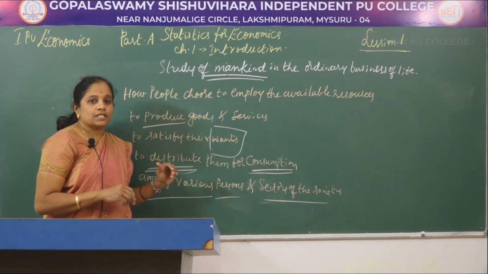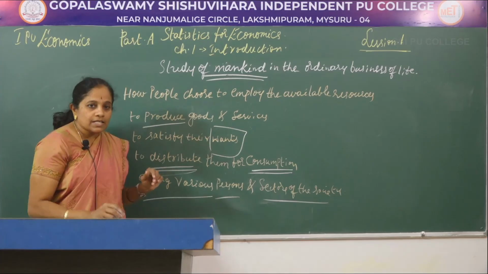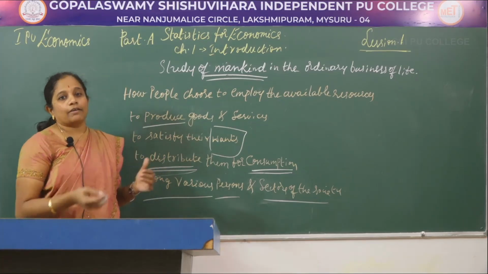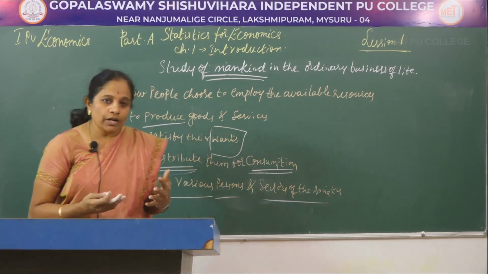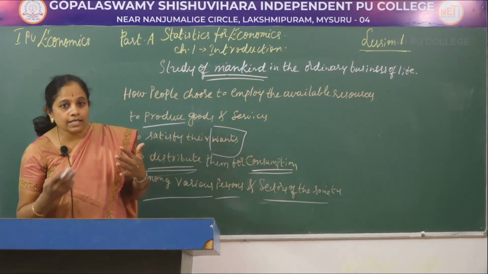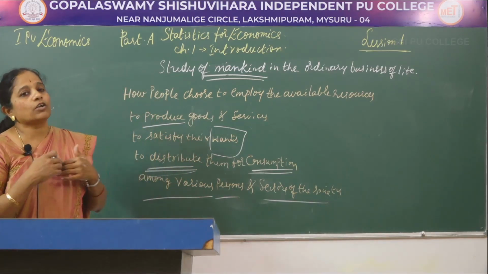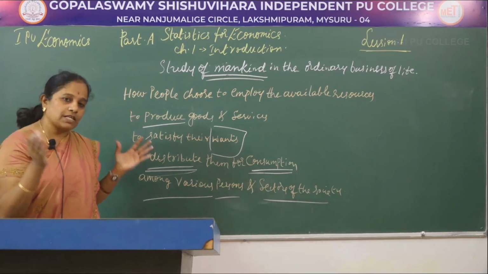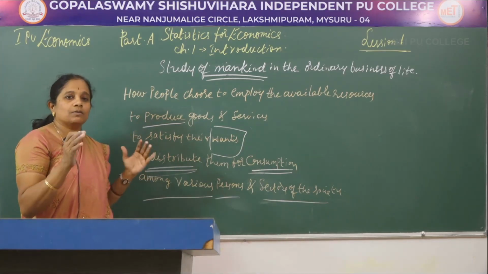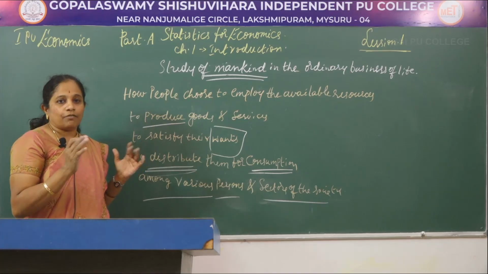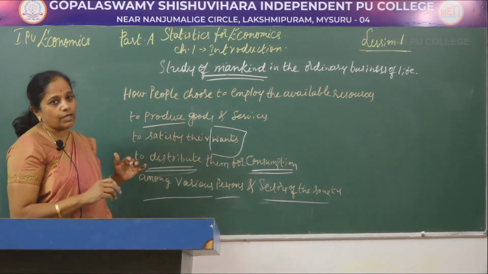So this says that economics is an integral part of our life. So no branch of knowledge or no social science is there without economics. You cannot even imagine any sector of production or consumption or any area of knowledge that does not have economics in it.